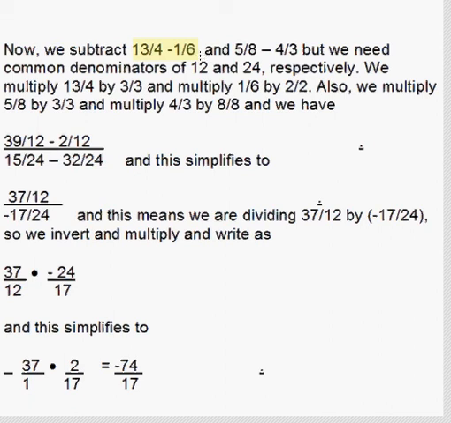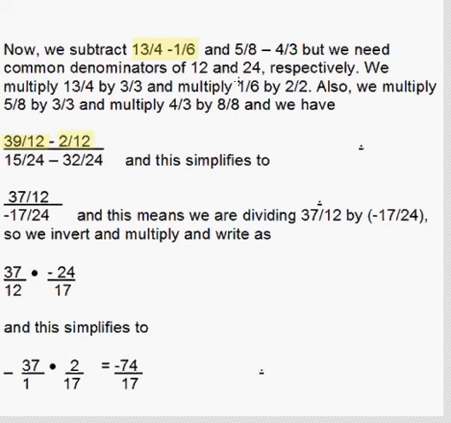We turn 13/4 into 12ths by multiplying 4 by 3 and 13 by 3. 13 times 3 is 39. 4 times 3 is 12. 1/6 is turned into 12ths by multiplying 6 by 2 and also 1 by 2. 1 times 2 is 2. 6 times 2 is 12.